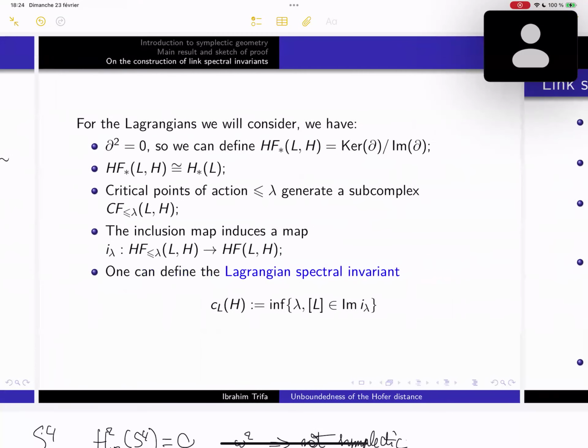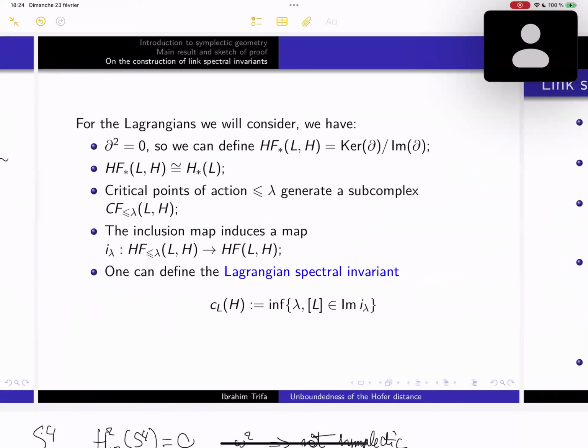So now that we have a differential, we check that its square is equal to 0. This is also a really difficult result. To show this, you basically need to show that d squared counts a signed count of boundary points of a one-dimensional compact manifold.